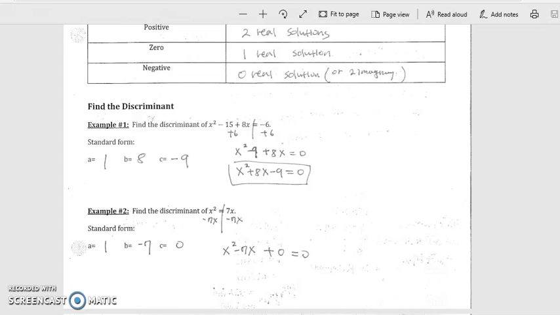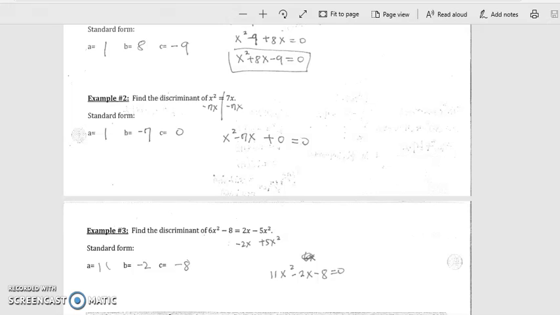So -7, remember, in parentheses, squared, minus 4 times A times C. So -7 squared is going to become a positive 49. When you multiply -4 times 1 times 0, it just becomes 0. So you would have a 49. 49 is positive. That tells you that you have two real solutions.